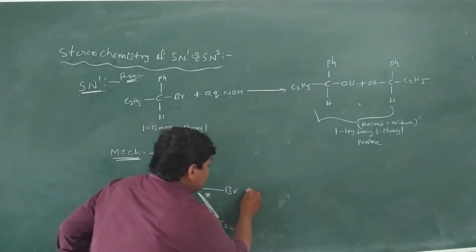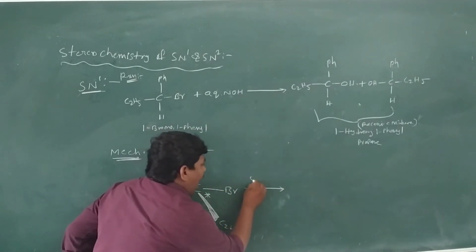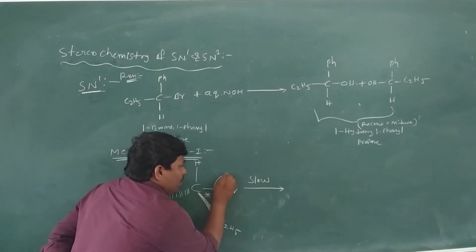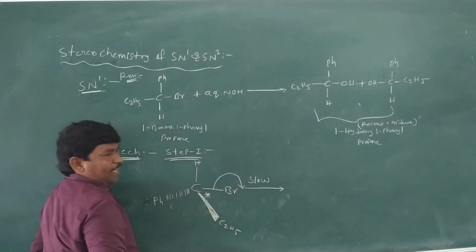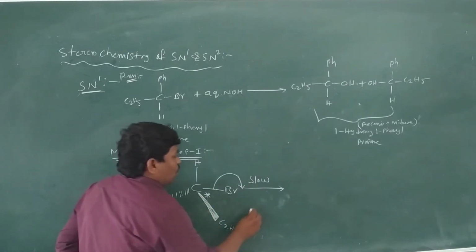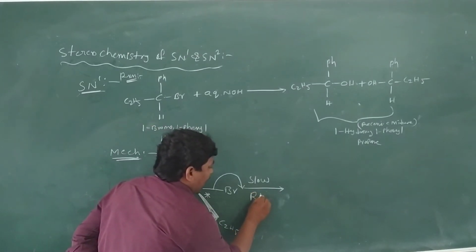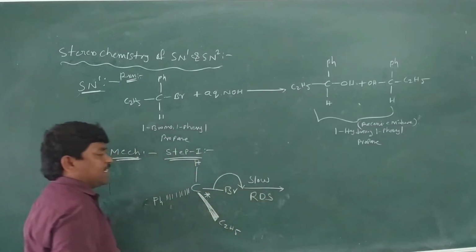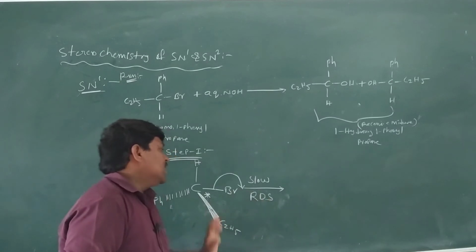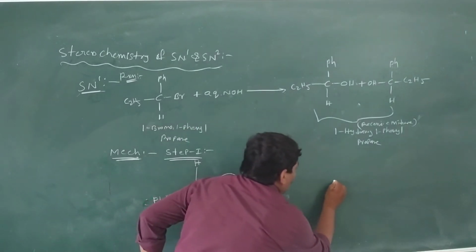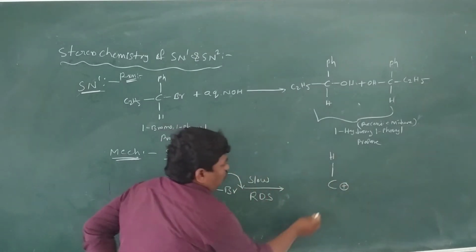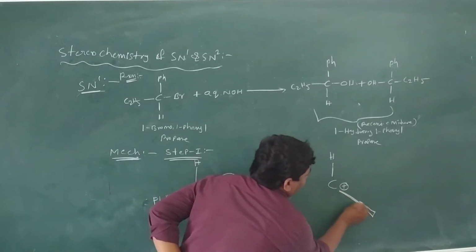This is a very slow reaction, so bromine is eliminated very easily. This is the rate determining step, to form the carbocation.